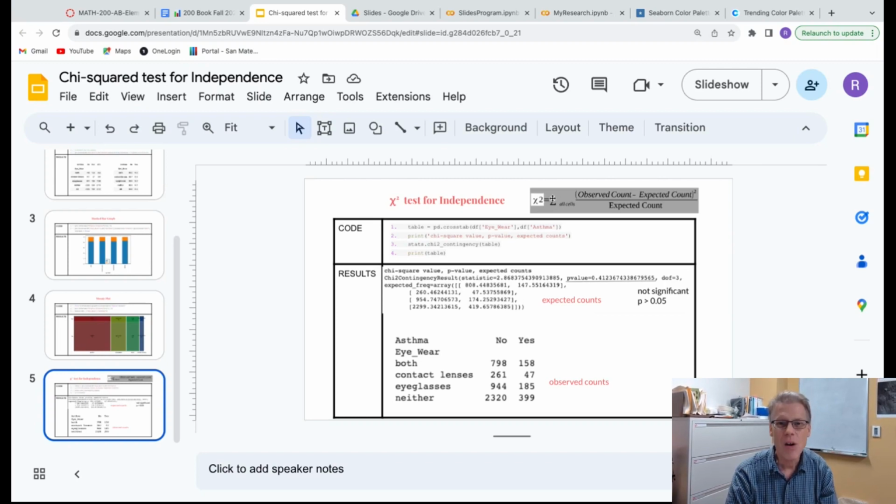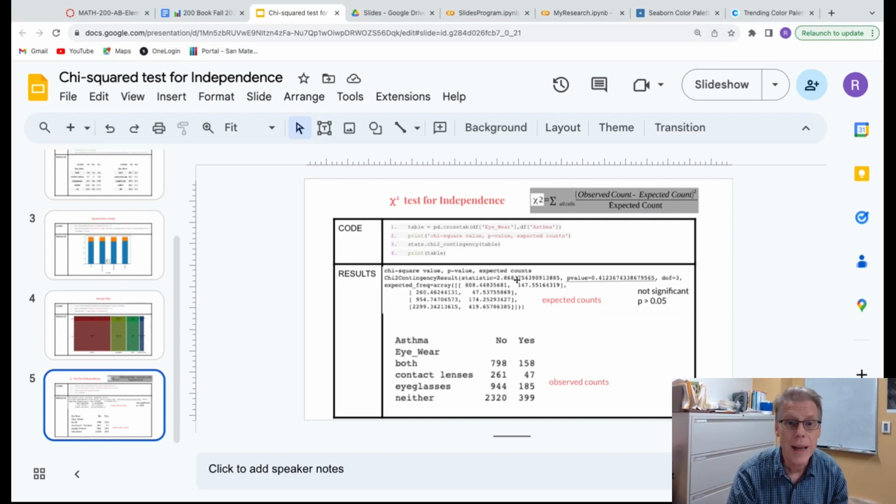And then it adds all that up. That's what this big symbol, which looks like something on a fraternity or a sorority's wall, because it's a capital Greek letter sigma, does. So it adds up all of those squared differences divided by the expected counts, and in this case, it got 2.868, yada yada.